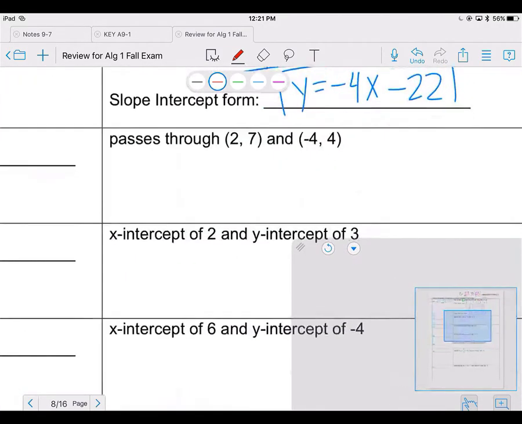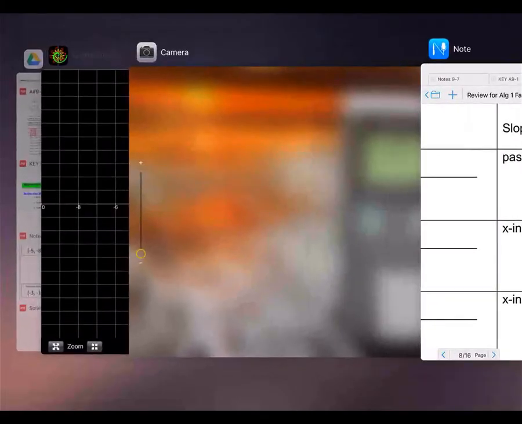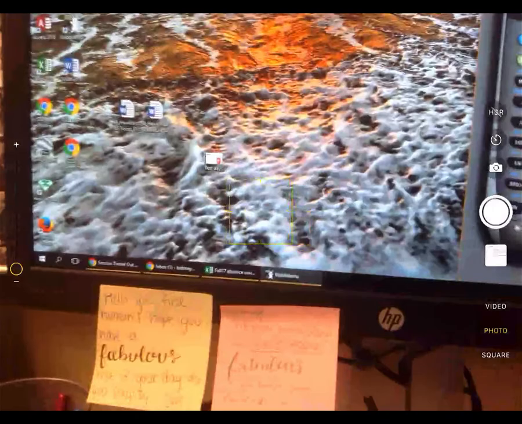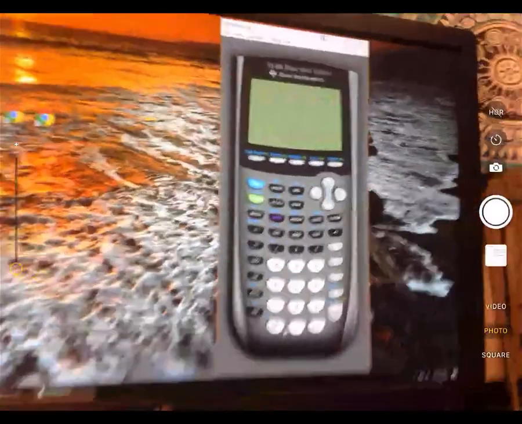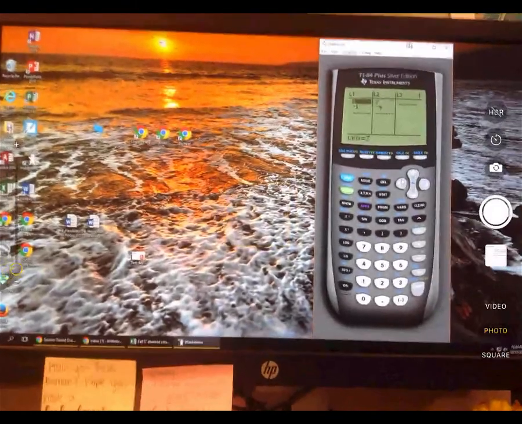Problem 36, if it goes through 2 points, we're going to use stat edit. So 2, 7, negative 4, 4. This is what we talked about earlier in the calculator. So for my calculator, I click stat, enter.